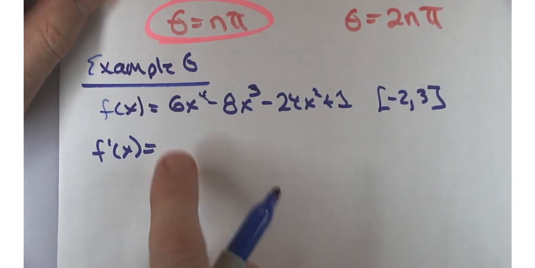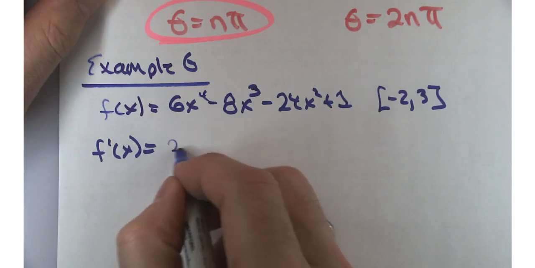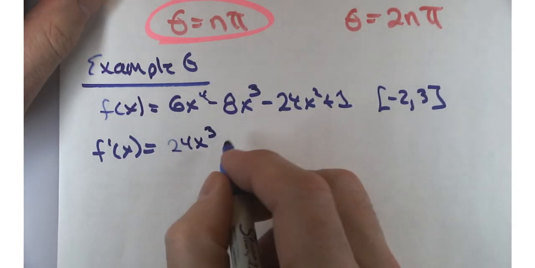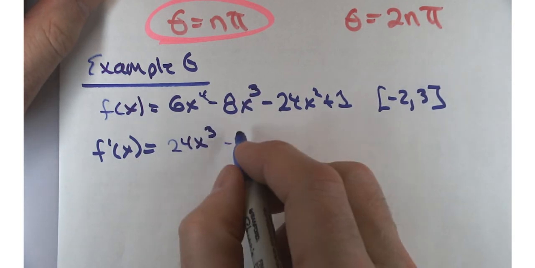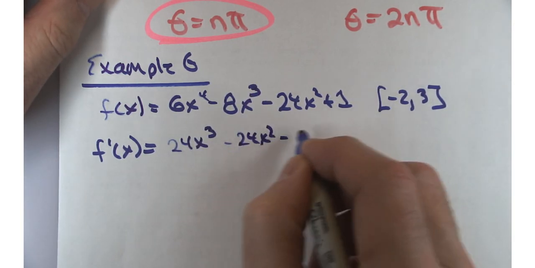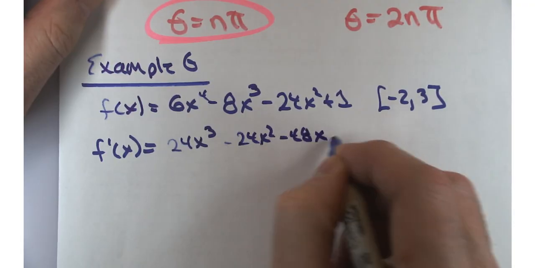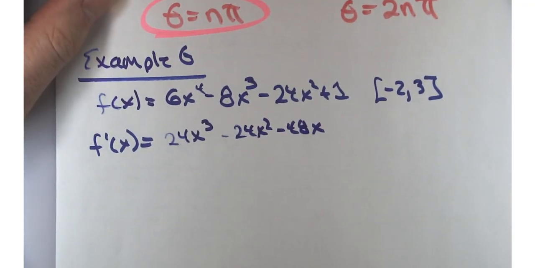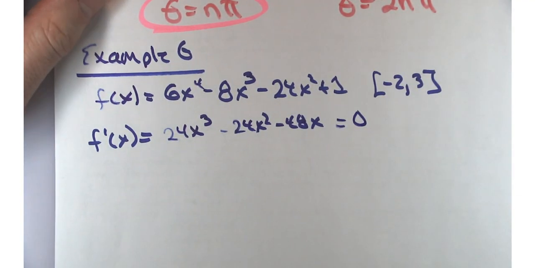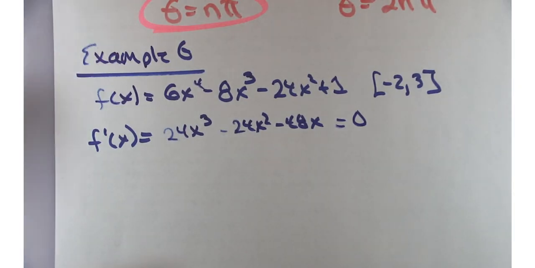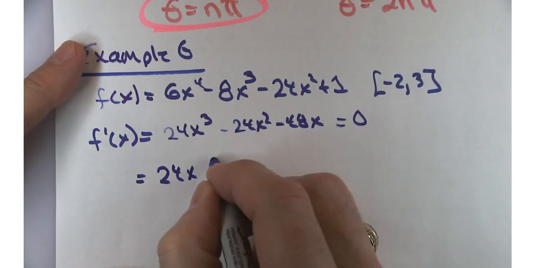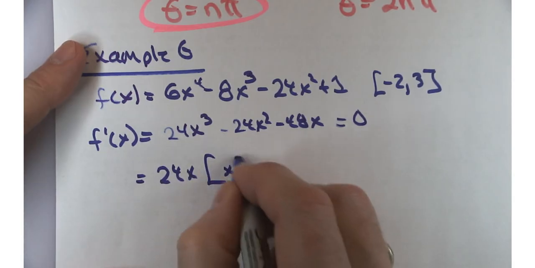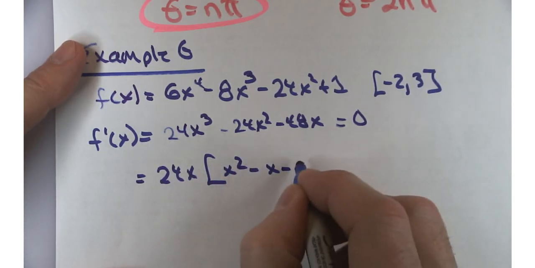So the derivative here, I don't think I'll bother asking you for it. I think you can calculate it pretty easily. 24x cubed minus 24x squared minus 48x. That's our derivative. If I want to know where that's equal to 0, then I could factor out a 24x. And that's going to leave behind x squared minus x minus 2.